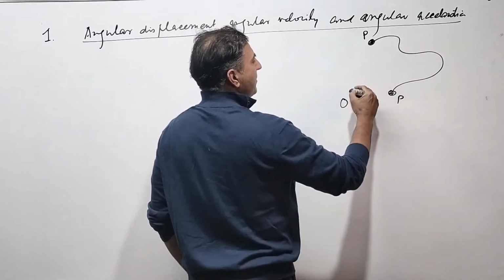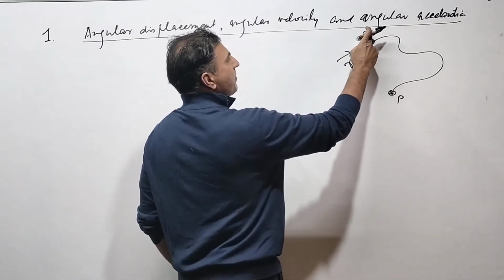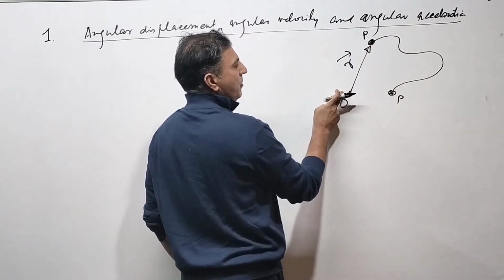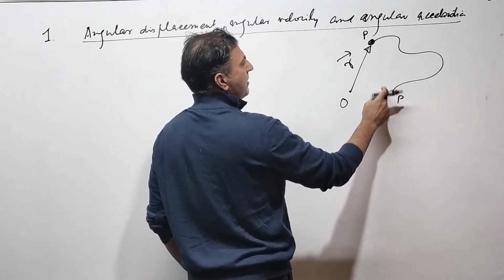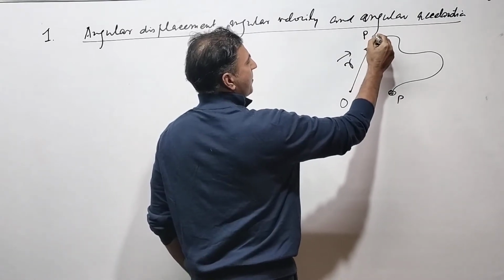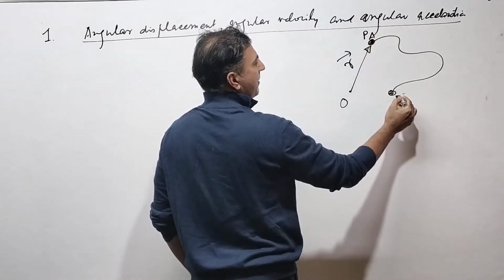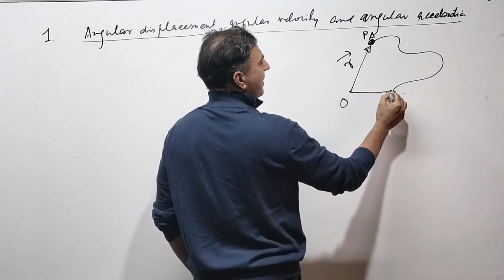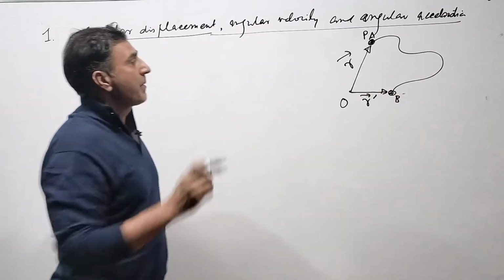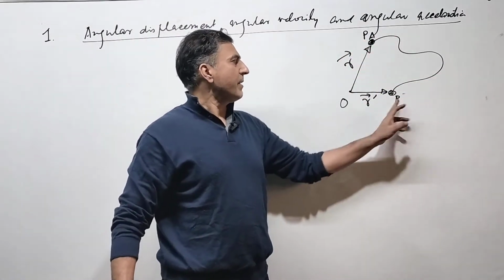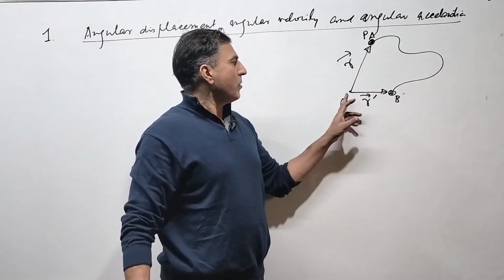When the particle was here, this is the radius vector, the position of this particle about this fixed point O. Let it travel from A to B, and now the new radius vector is R prime. When a particle moves in this arbitrary fashion and reaches B, what is its angular displacement about the point O?